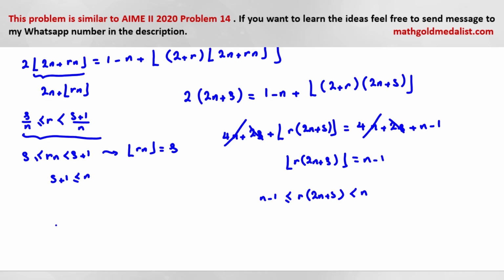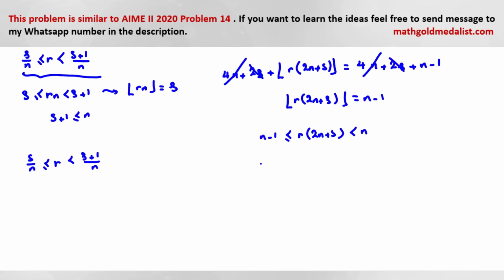So let's consider. We know that r is from s over n to s plus 1 over n, right? And as you said, we can say r is less than n over 2n plus s, and greater than or equal to n minus 1 over 2n plus s, right?